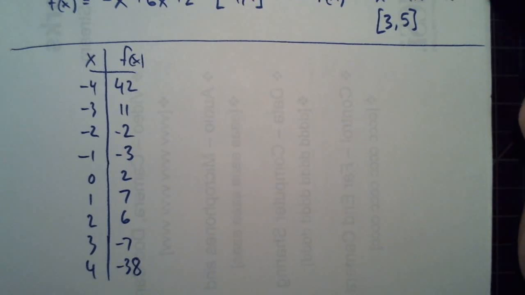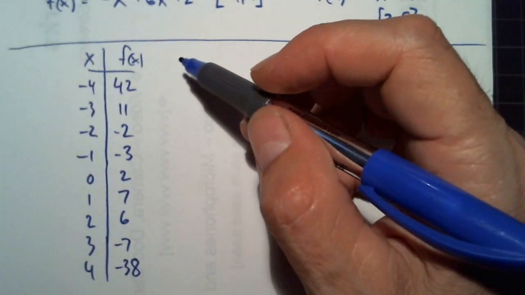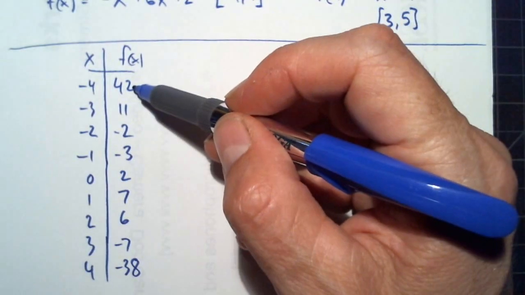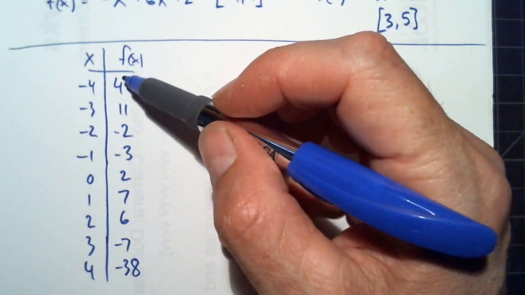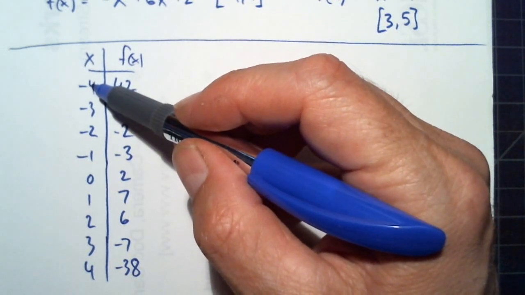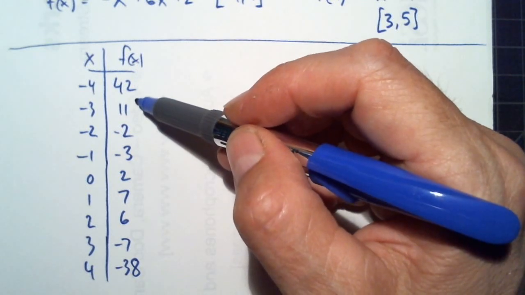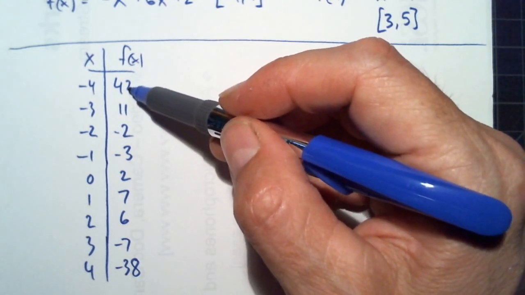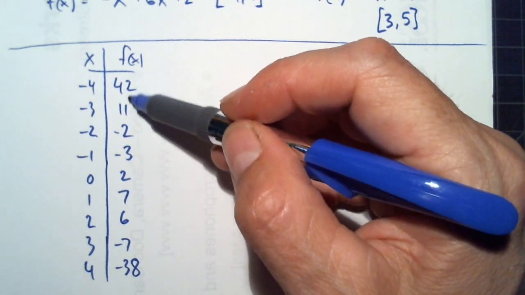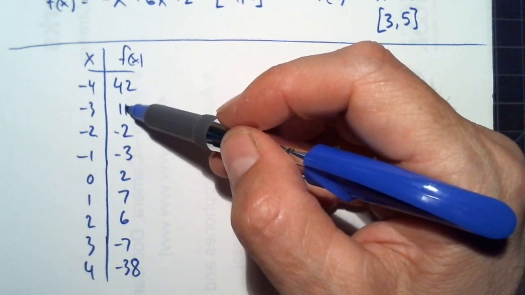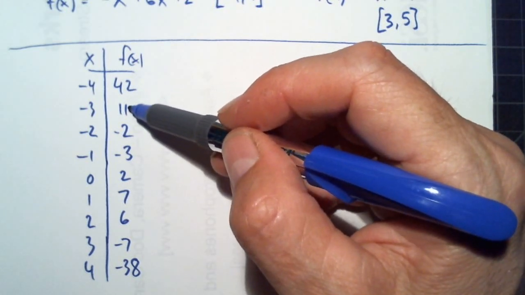Using the intermediate value theorem, even right here, we don't have to look for a zero. We know that between the x values of -4 and -3, there must be a y value of 20. So they're just saying that there will be a y value for each y value between here.